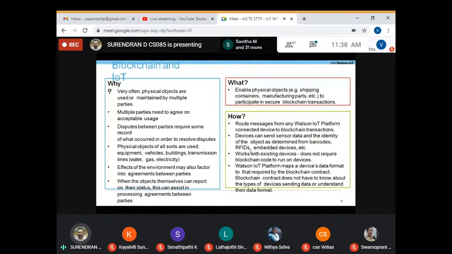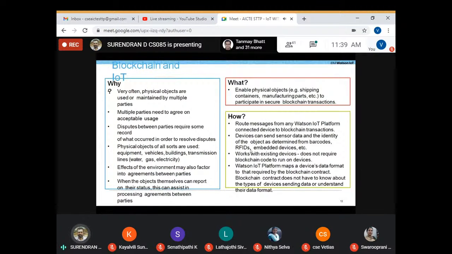Try to understand: the object itself has a way to notify that it is here. It enables the objects themselves to participate in secure blockchain transactions. Think of this case: the object is IoT, and it is going from one place to another. That is the blockchain. That is the intended benefit.